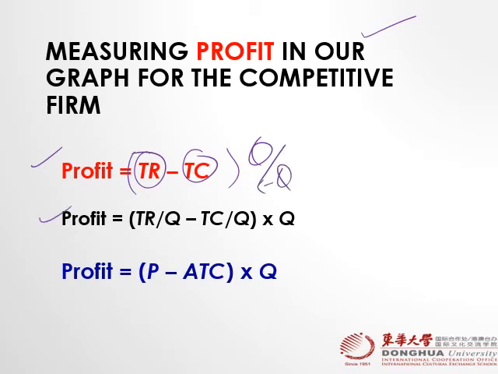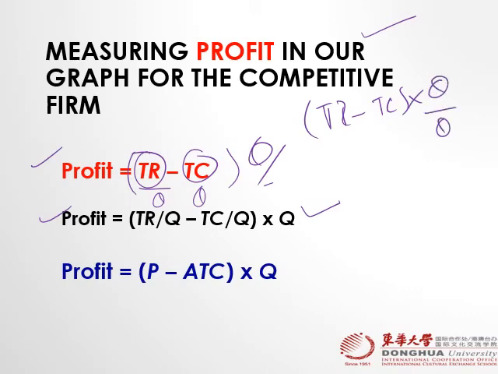So just enter this Q here, and then you find this equation. Let me do that here. So if we multiply this equation with Q by Q, let this Q enter into the bracket.